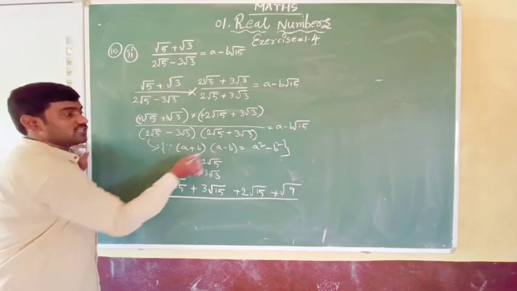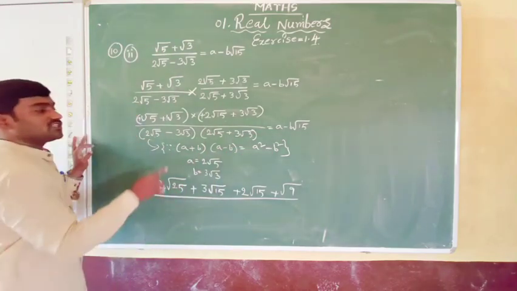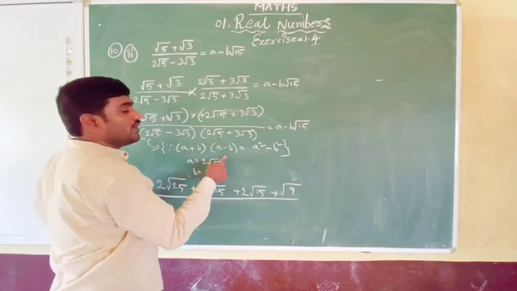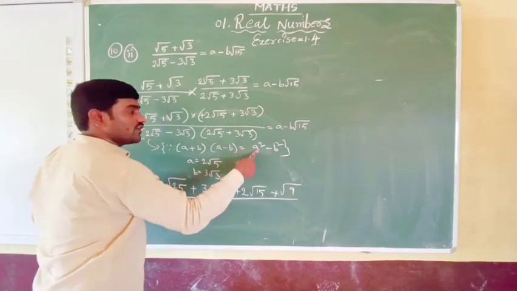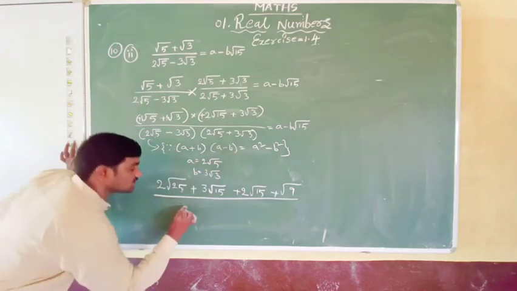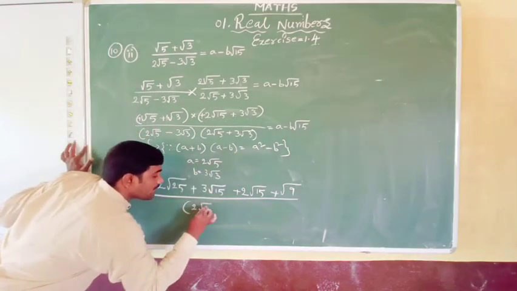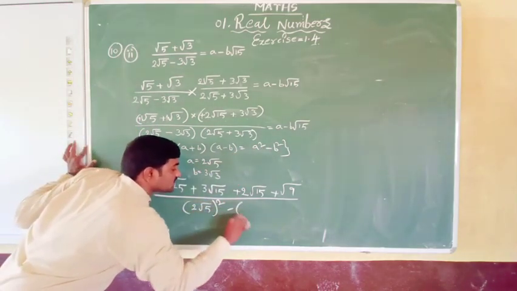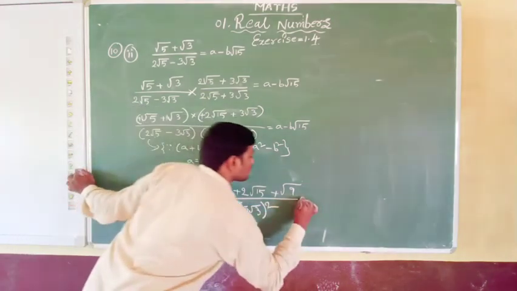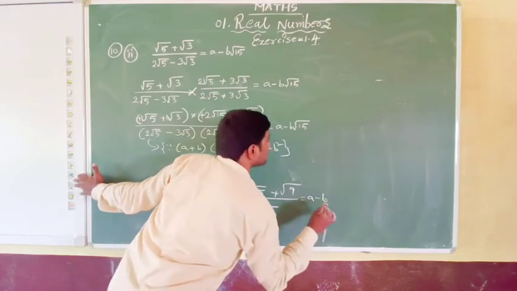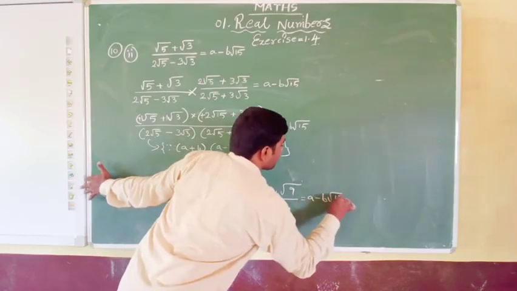This denominator we need to change in the form of a square minus b square, because it is in the form of a plus b into a minus b, where a equal to 2 root 5 and b equal to 3 root 3. So a square means 2 root 5 whole square minus b square, 3 root 3 whole square. That equal to a minus b root 15.